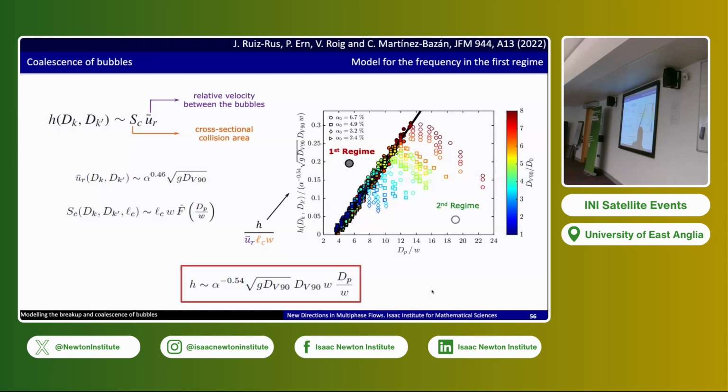They can just go around, but they don't go in the three-dimensional direction. In a 3D flow, they could escape. But these ideas of applying the characteristic velocity, which is given by the dV90 of the distribution, and this characteristic distance, I think we can apply.